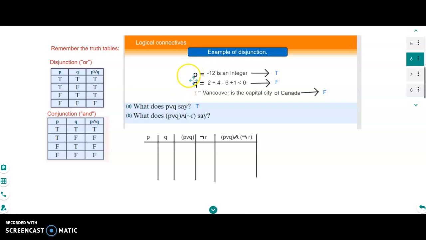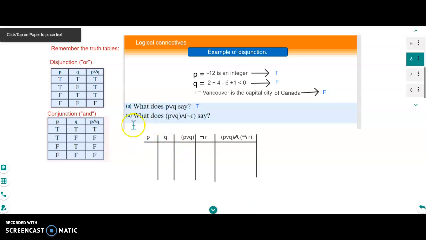First the proposition P, the proposition Q, the proposition R, which we already know is false, then not R, the negation of R, then P or Q, and finally P or Q and negation of R. We will see it little by little.